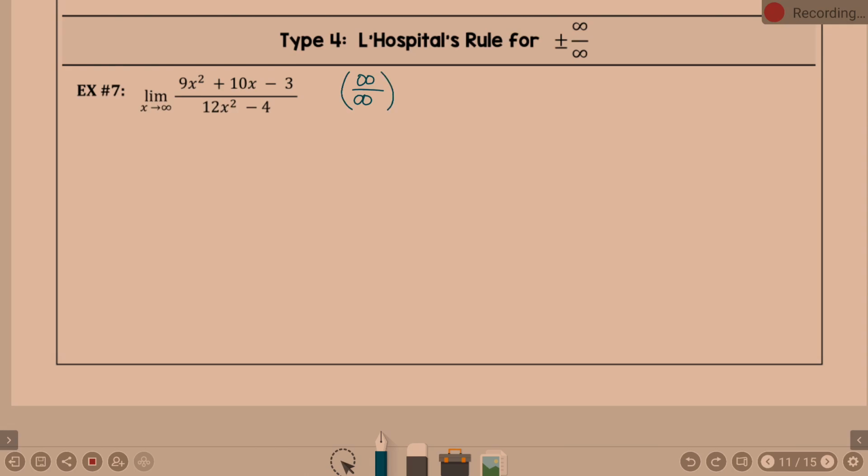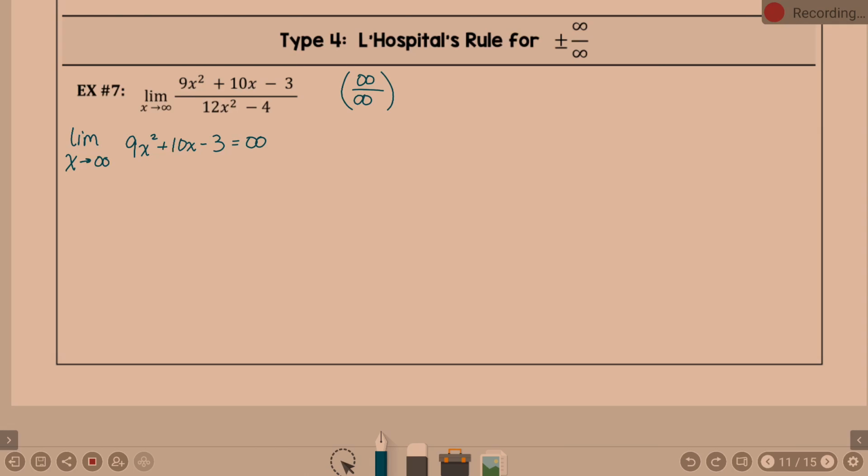For L'Hopital's, remember, split it up, state your numerator and denominator. The limit as x approaches infinity of 9x squared plus 10x minus 3 equals infinity.